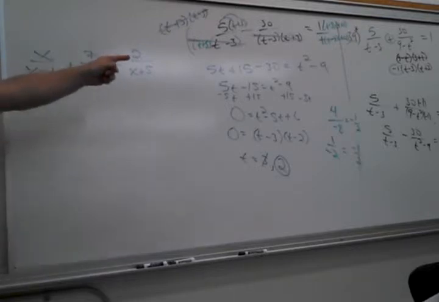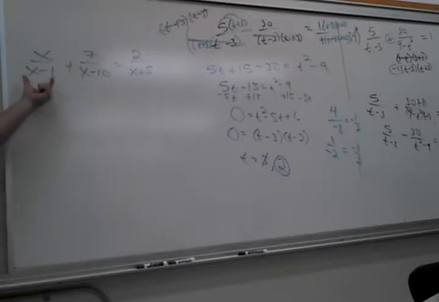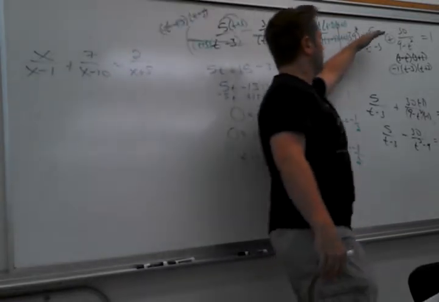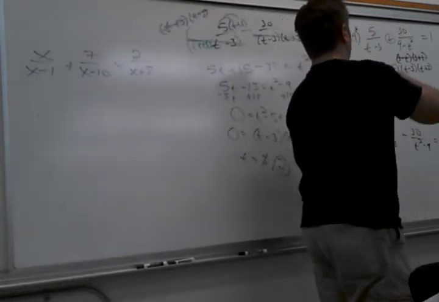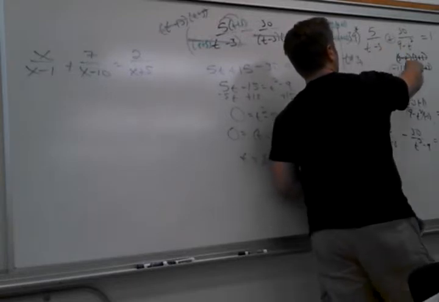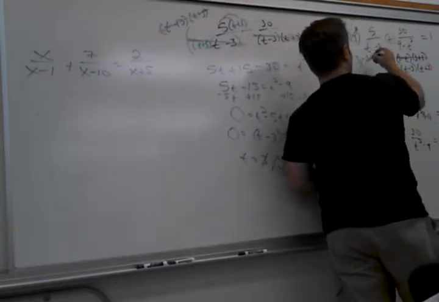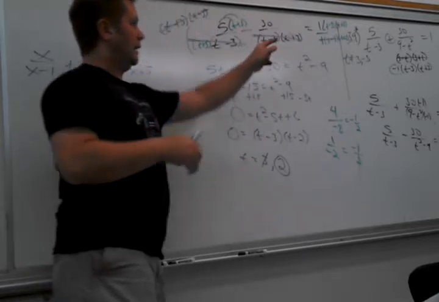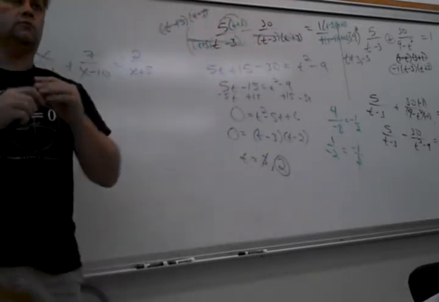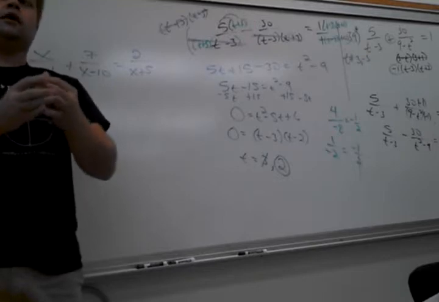Anything that makes anything undefined. So x couldn't be 1, 10, or negative 5. So at the very beginning, before I do any work, I can take a second and just off to the side say t can't be 3 or negative 3. So if I get one of those 2 answers at the end, I know I can't include it. Freaks my dude out.